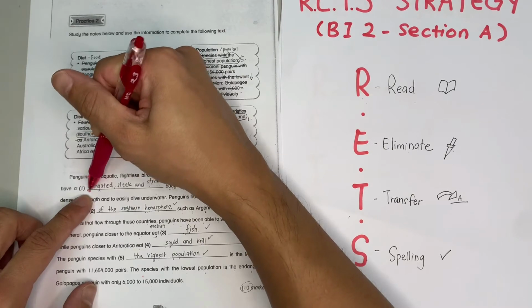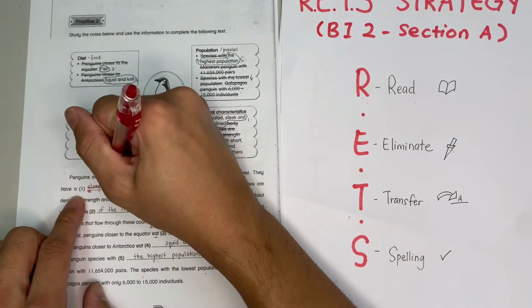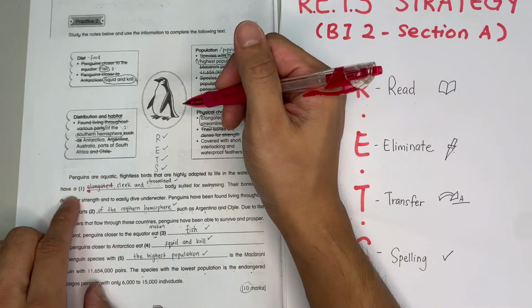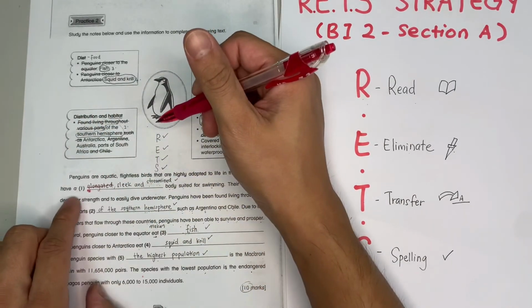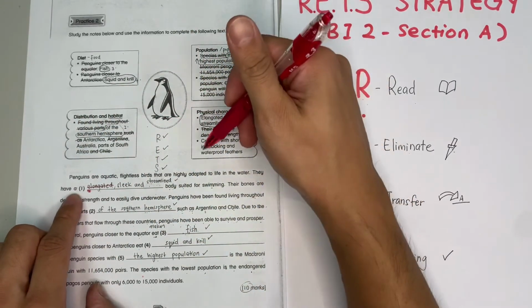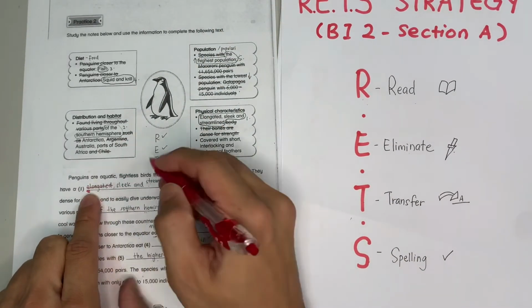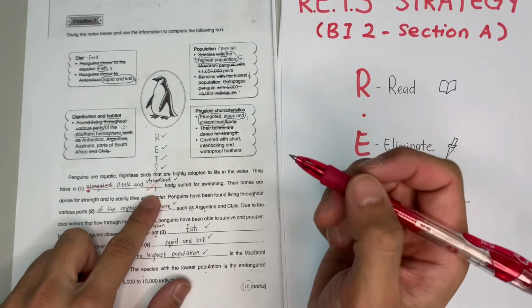So here we have found a mistake, elongated. So we either eliminate this word, or you have to change the position. Okay, they have a sleek and streamlined body, but you have one mistake here, so I'll still give you a correct and I give you 1 mark instead of 2 marks.